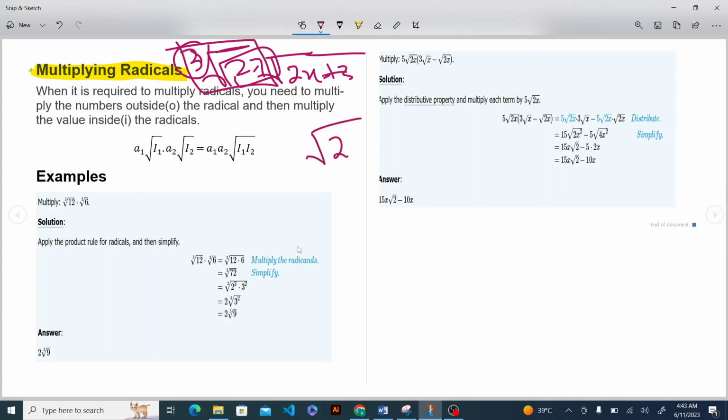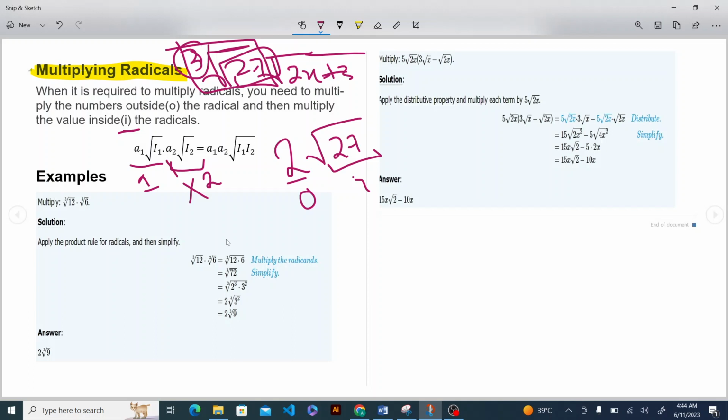See, if we take this example, 27 is the inside value, which is represented by I here, and 2 is the outside value, which is represented by O. We have to follow the rule. If you have two radicals like this one, a1 under root I1, and we are going to multiply this, the dot shows multiplication, with the second one, a2 into square root I2.